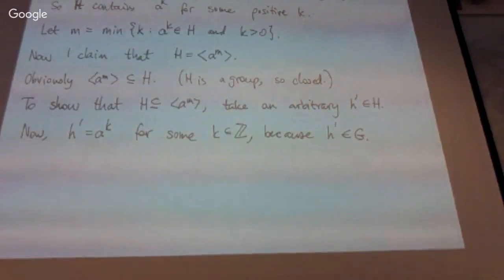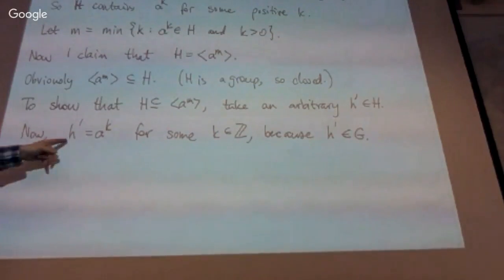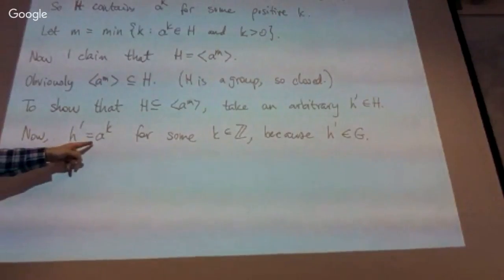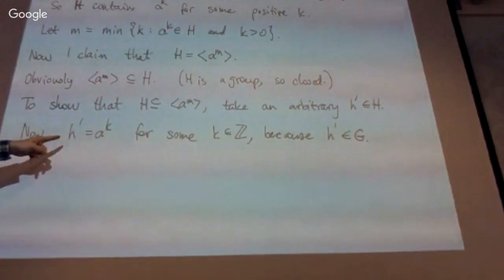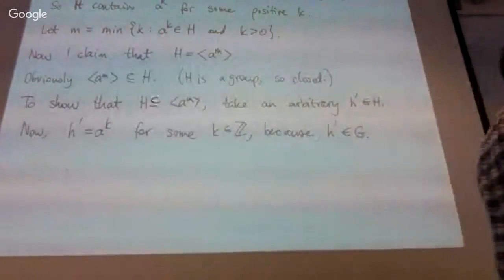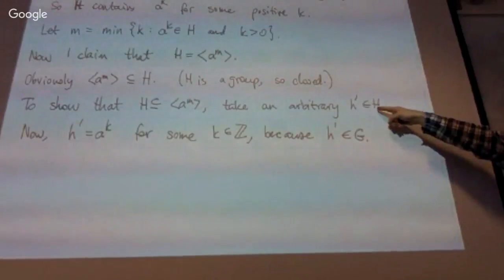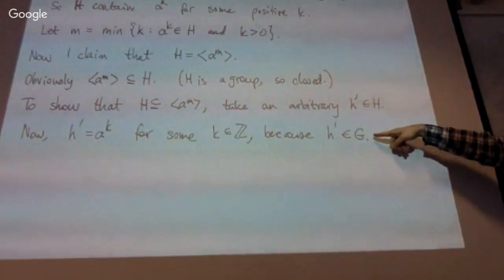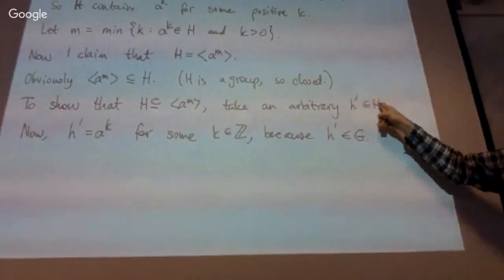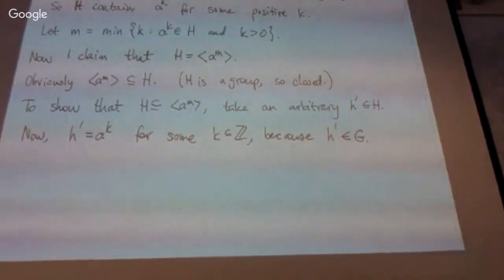Why did you say this? Okay, I'll say it again. H dash is an element of H. What is H? H is a subgroup of G. Well, if H is a subgroup of G and h dash is in H, it also has to be in G. Now, what is G?